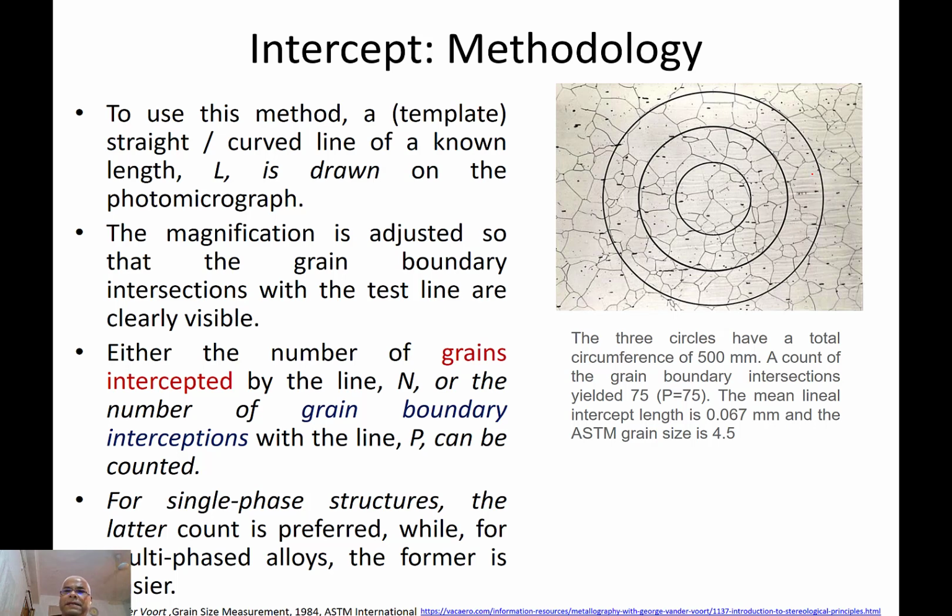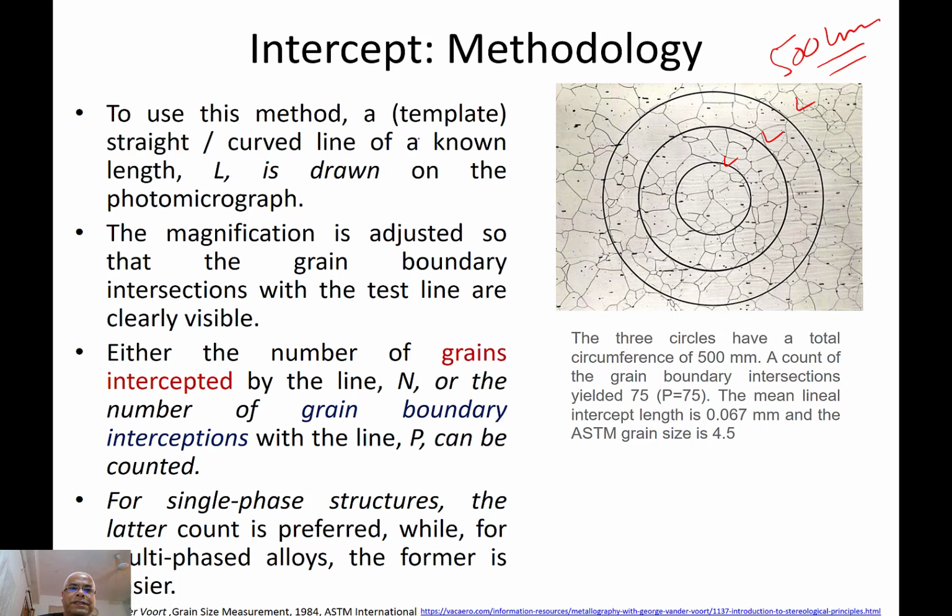According to ASTM, standard templates are available for circular lines of known length. Say there are 3 lines with a total length of 500 mm, and those are placed over the microstructure.